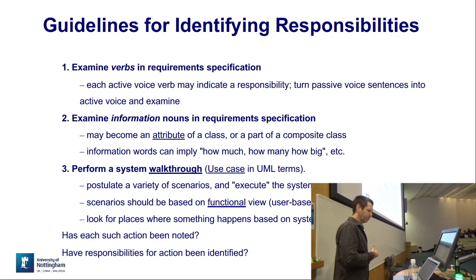Look for places where something happens based on system input. In the snake game, I guess it's the arrow keys that are the input. And there'll be some mouse input for choosing skill level, maybe saving a game into storage and so on. Has each action been noted and have responsibilities for each action been identified?